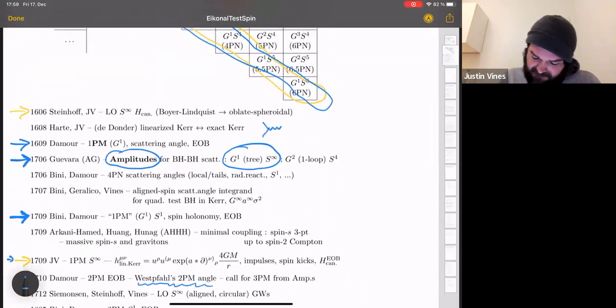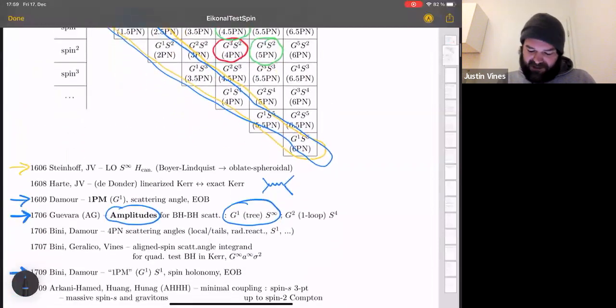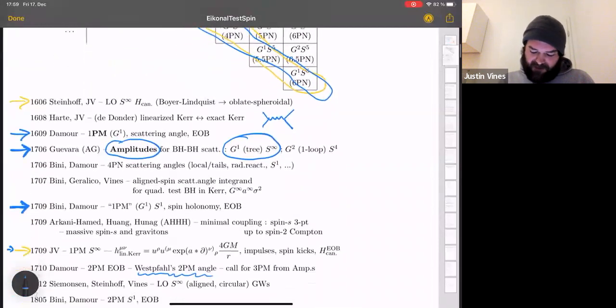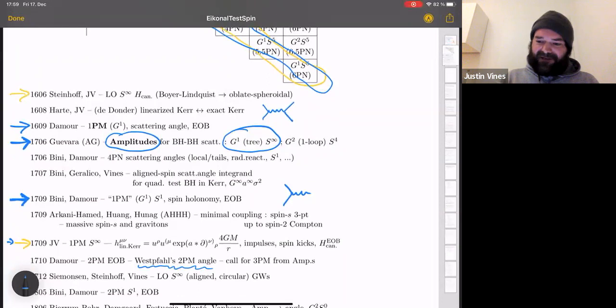So there's this guy, basically one graviton exchange. That was built from these 3-point amplitudes, which even though the paper came out later, you know, Alfredo had a draft of the paper before it came out.